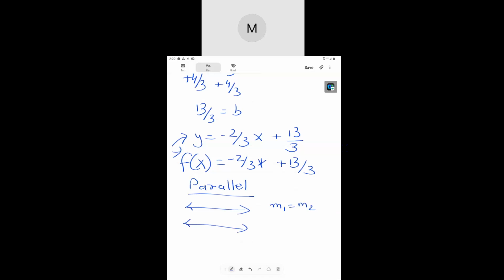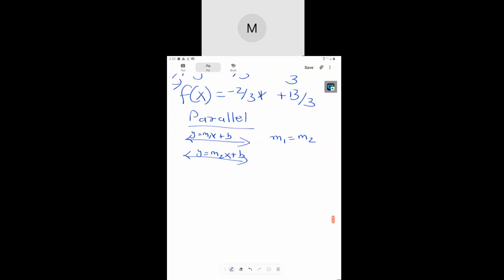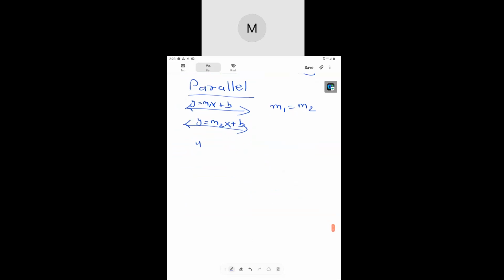So if this line is y equals m1x plus b, and this is y equals m2x plus b, then m1 is equal to m2. If I ask you a question, let's say y equals 2x plus 3 and y equals 2x minus 3, are they parallel lines? Then yes, because m1, which is 2, is equal to m2, which is also 2.